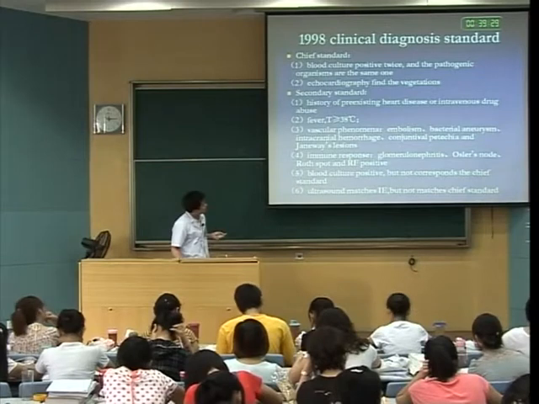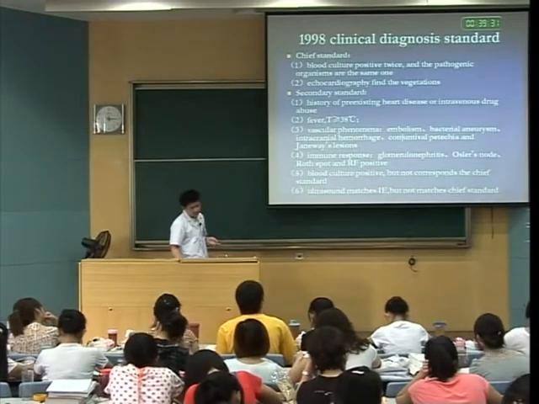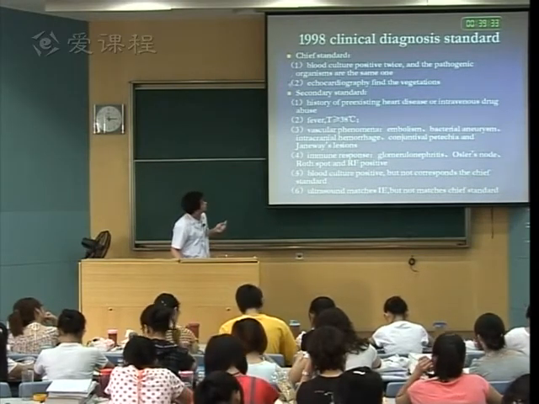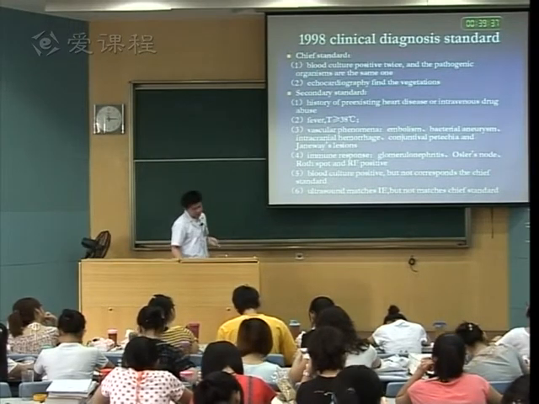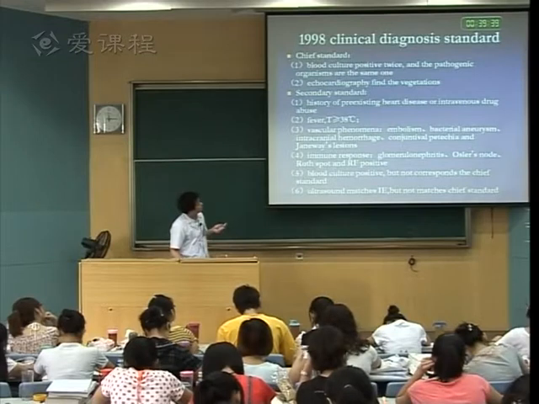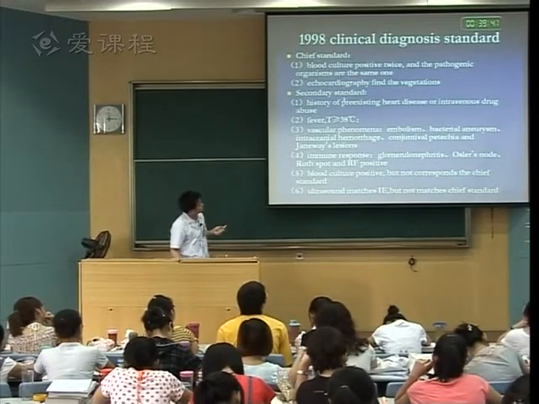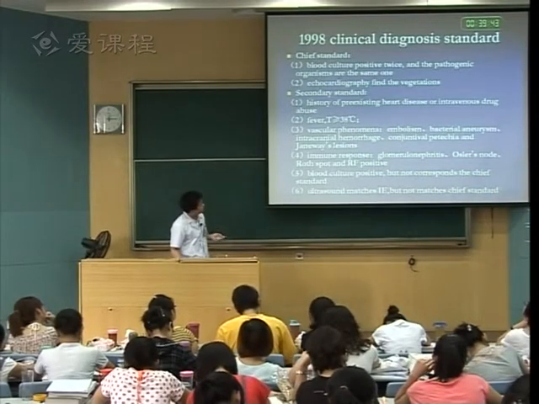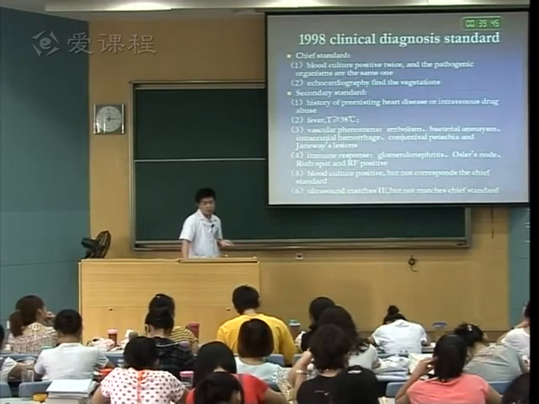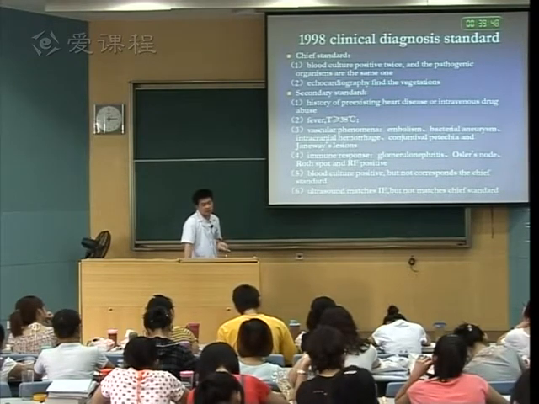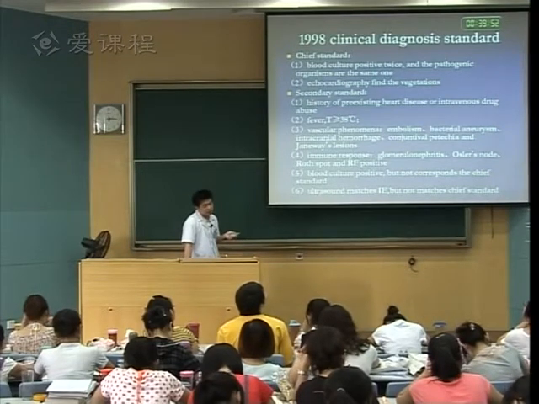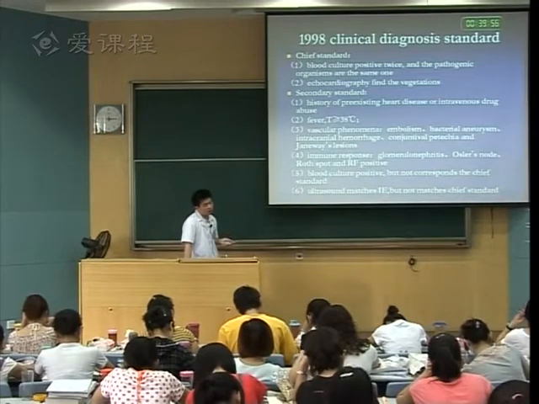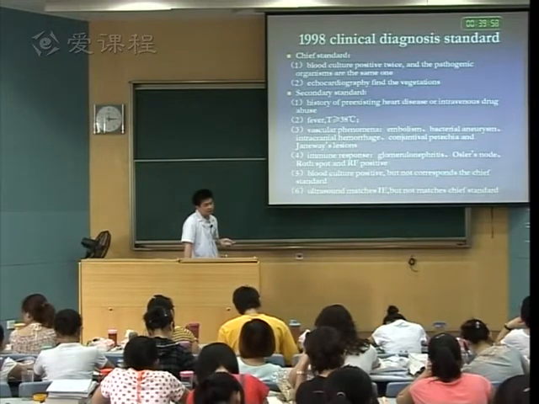And the other one is blood culture positive. In the chief standard, we just talked about blood culture. There it needs to be positive twice, but for this one, sometimes just one time is positive. And the blood culture shows the microorganism is not the classic one.